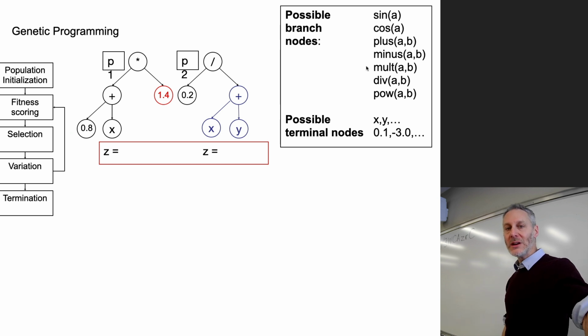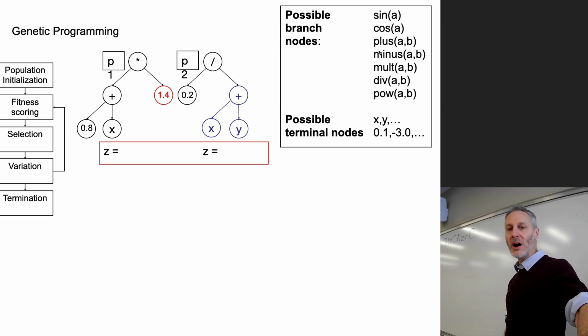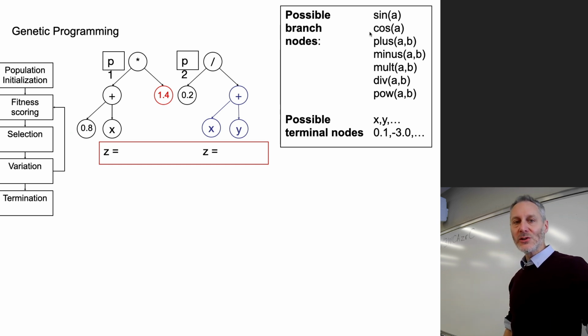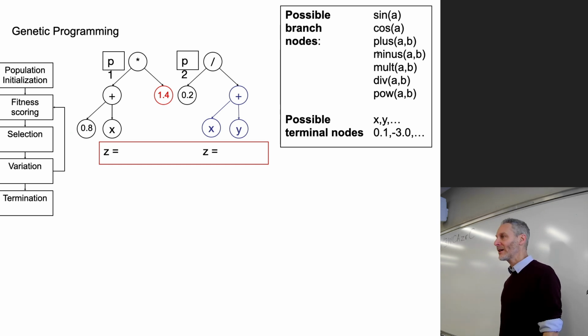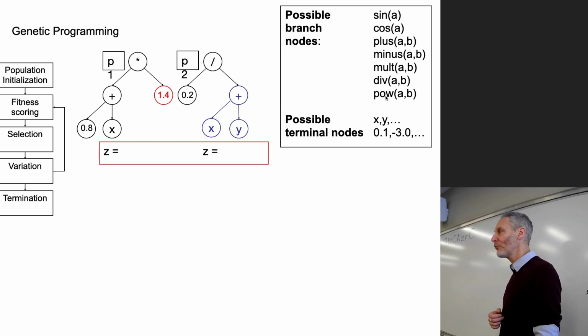The first thing we need is for the human programmer to write down all of the possible operators or transformations that they think may be relevant to the problem. This is usually just simple arithmetic and trigonometric functions. So we're going to throw into our bag of operations here sine, cosine, addition, minus, multiply, divide, and the power function.